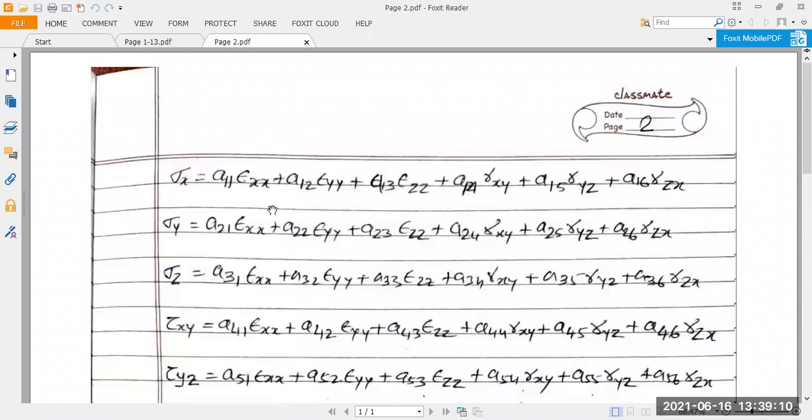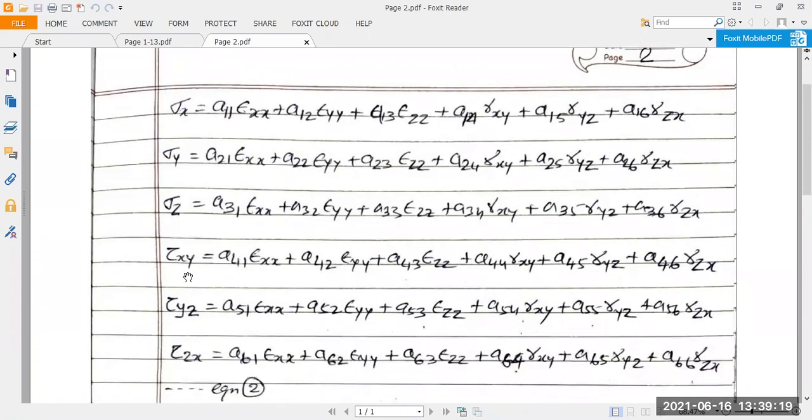Now, these are the 6 rectangular stresses. This is sigma x, sigma y, sigma z, and tau xy, tau yz, tau zx. These are the tensile stress along x, y, and z direction in 3 mutually perpendicular rectangular coordinate system. And tau xy, the shear stress you know, is shear stress along xy plane pointing towards the positive direction of y-axis. Tau yz is that on yz plane, and tau zx on the zx plane.